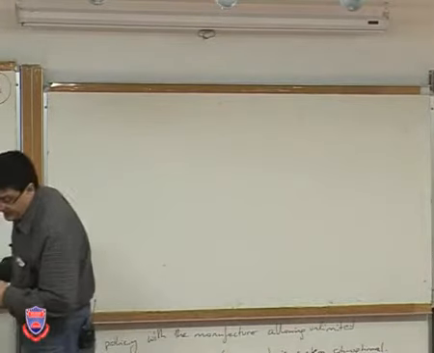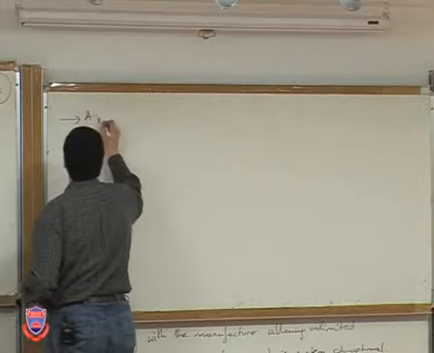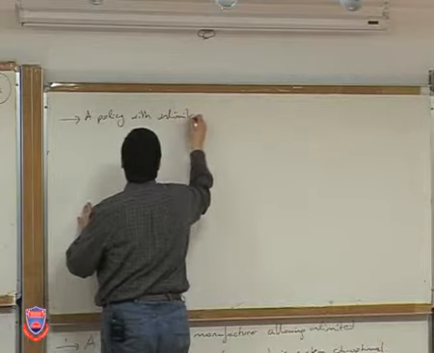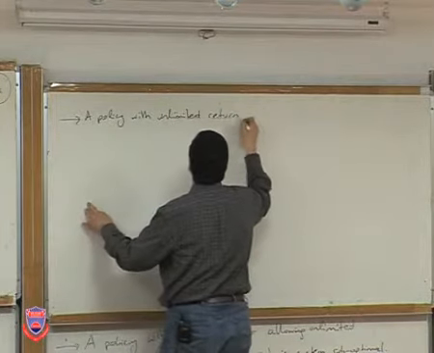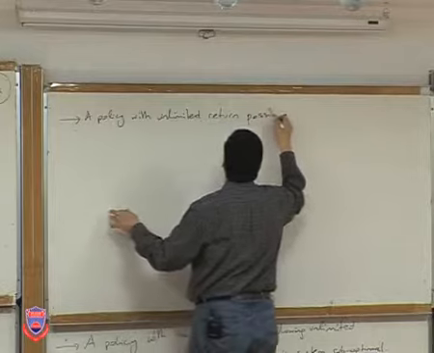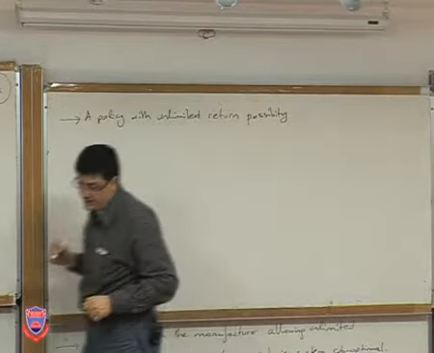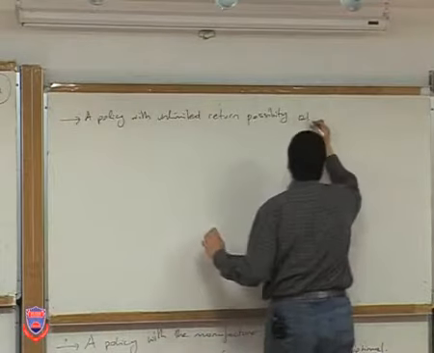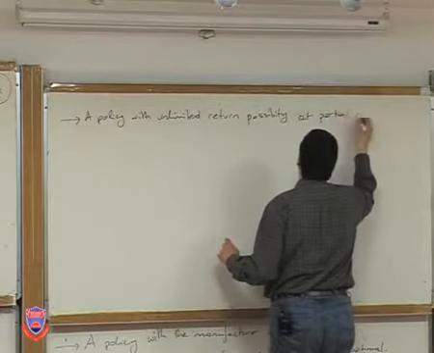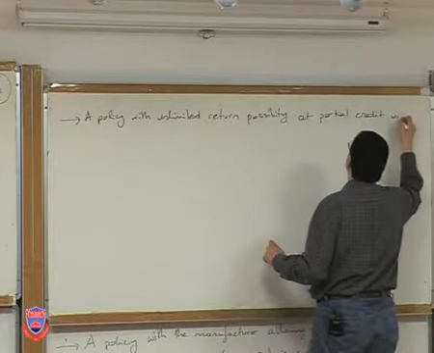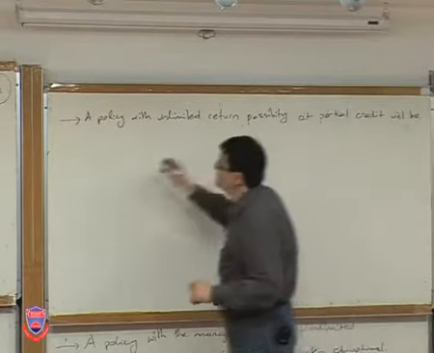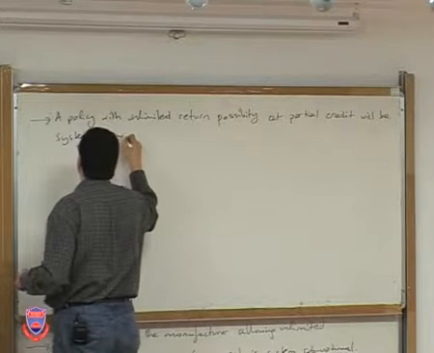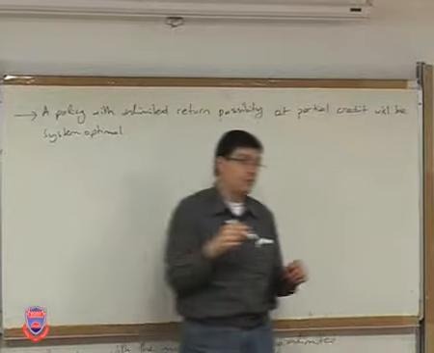So a policy with unlimited return possibility at partial credit will be system optimal.